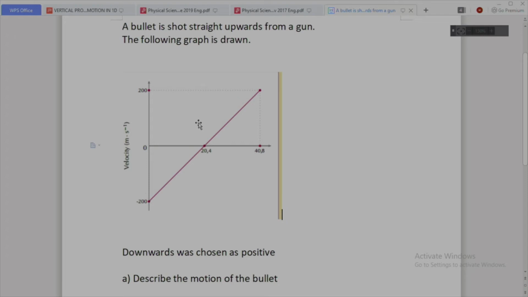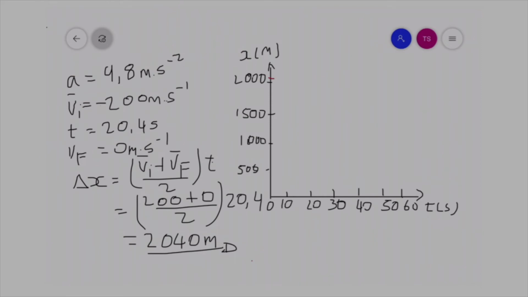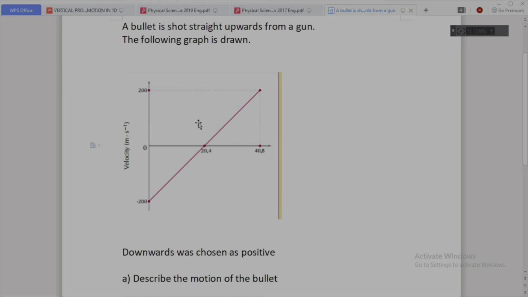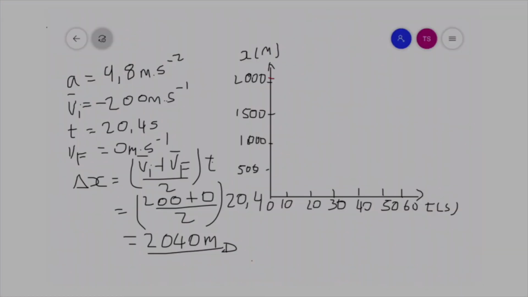Now in terms of displacement, it started from 0, right? And then it went up to 2040 meters, right? It went up to 2040 meters for how long?